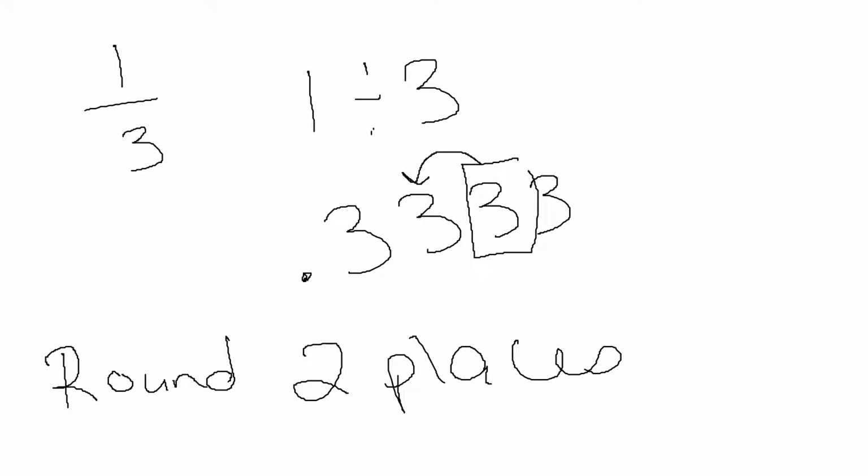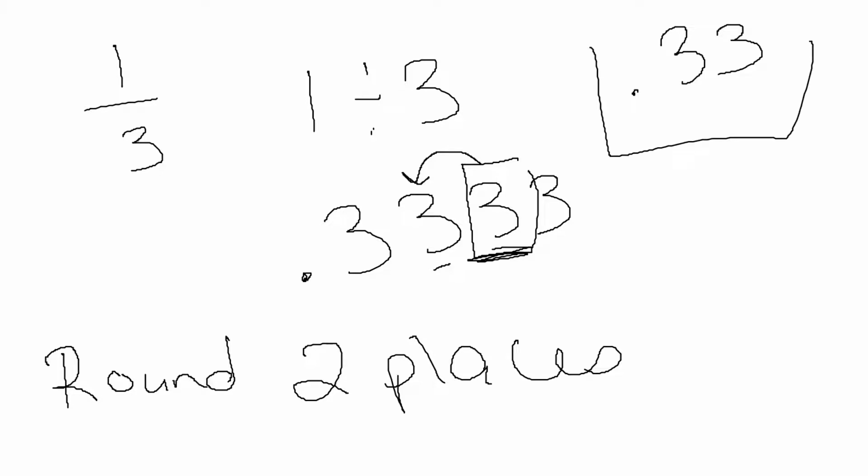People tend to forget the rounding rules for some reason. Remember, 1 through 4 leaves the number the same. 5 and above makes the number go up. 3 is less than 5, so it's just going to leave this 3 as 3. So my answer is going to round to 0.33. So just round to 2 places if you have a huge long decimal.